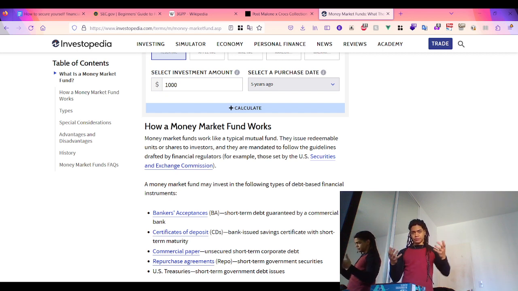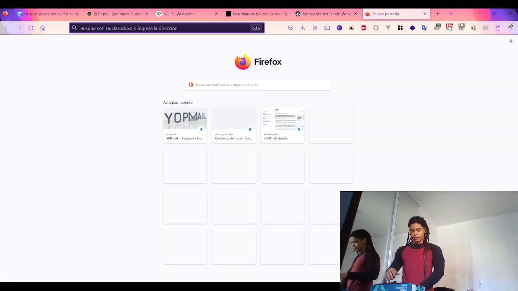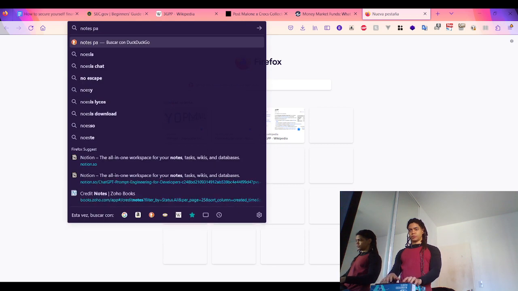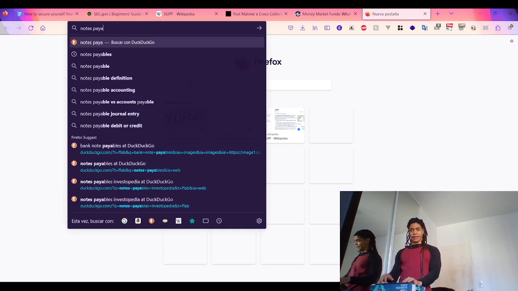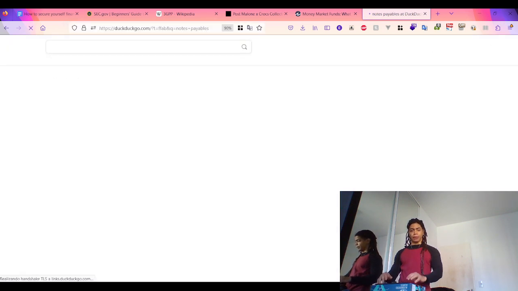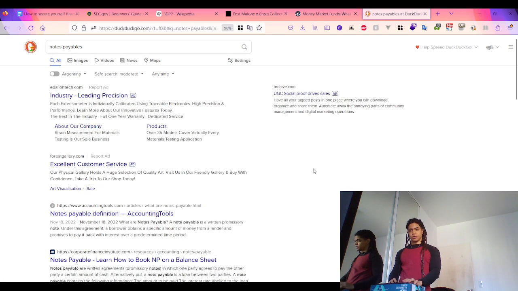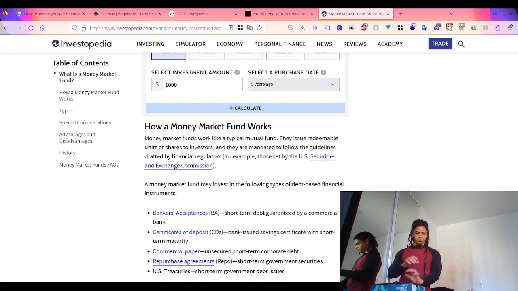Notes payable, okay, or in Spanish this is called pagarés. Notes payable or pagaré, which is an agreement between the borrower and the lenders, where the borrower outlines all the terms and conditions of that loan.